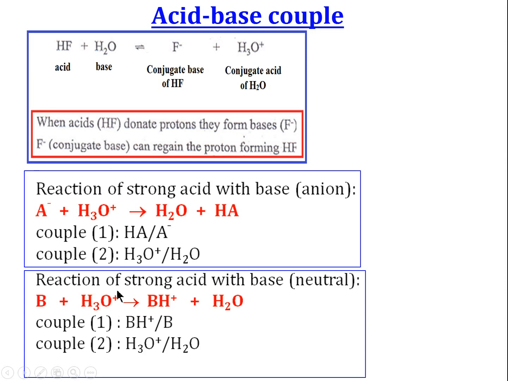And H3O+ releases H+ to B, it becomes H2O. We have two couples, acid-base BH+/B, and the second couple acid-base is H3O+/H2O.